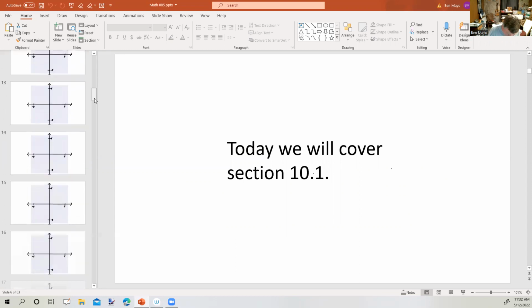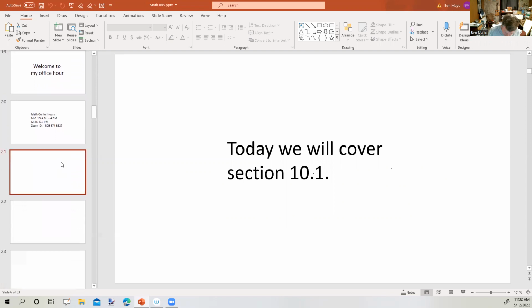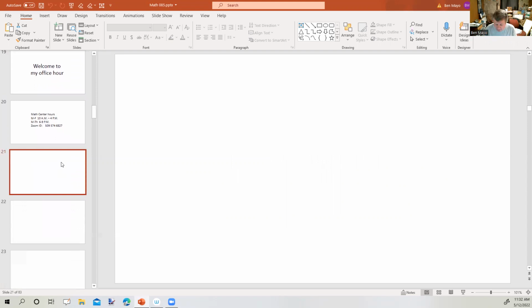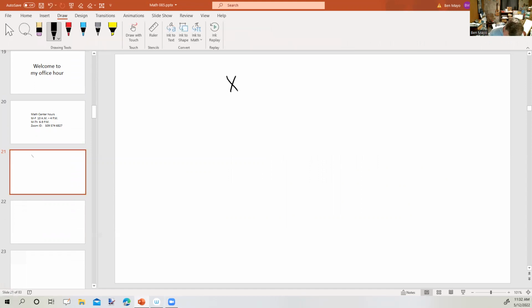First of all, let's go back in time to chapter 6. If we had an equation like this, x squared minus 9 equals 0, we would say, oh, that's a second degree equation in standard form, and we could factor it as the difference of two squares, like that.